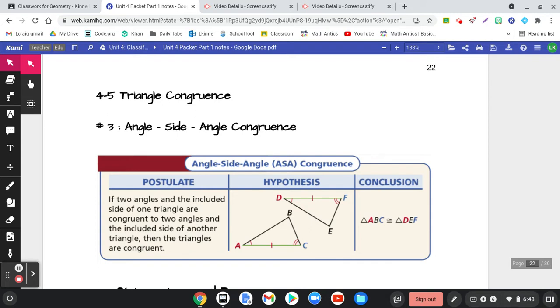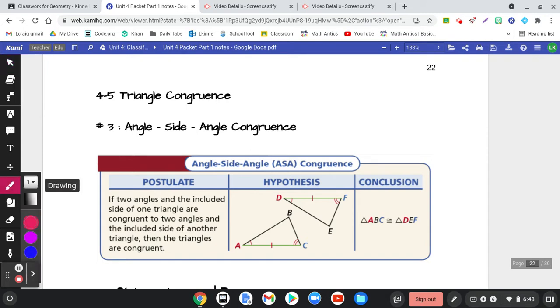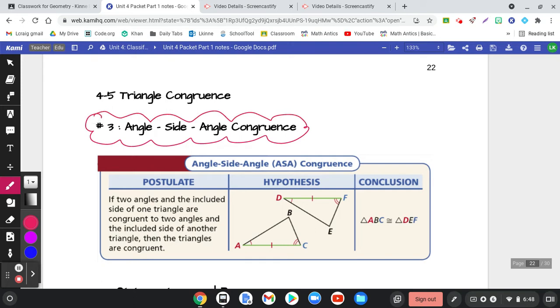We're going to, again, talk about triangle congruence, but this time, instead of side, angle, side, and side, side, side, we're going to talk about first angle, side, angle, which is pretty much the opposite of side, angle, side. Instead of having two sides and the angle in between, we're going to have the two angles and the side in between, as you can see right here.